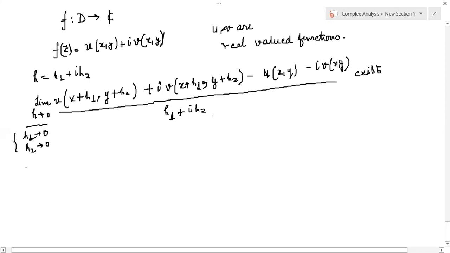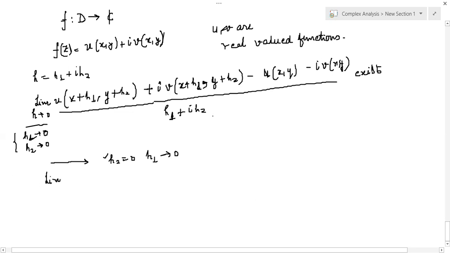Now, what if I take a specific path of approach? Let us approach along the x-axis, that is, let h2 be equal to 0 and h1 tends to 0. This also qualifies this kind of condition. Okay, so what will happen?